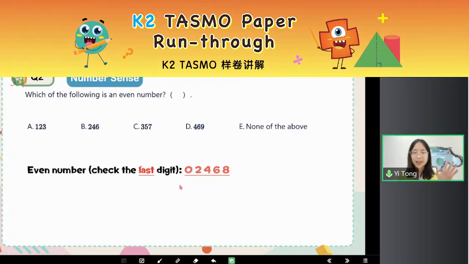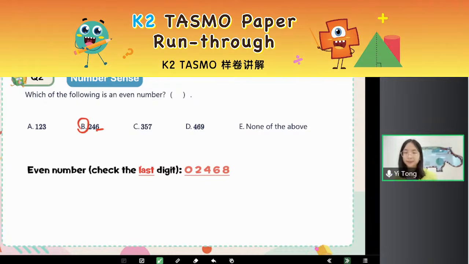Now let's look at the numbers. For example, A, 123. The last digit is 3. No, it's an odd number. Look at B, 246. Do we have the even number here? Yes, we do, 6. Now, C and D, we don't need to look at anymore. So my answer is B.